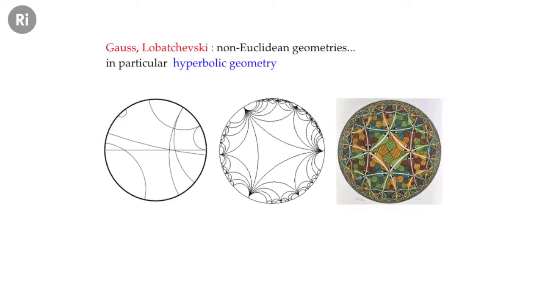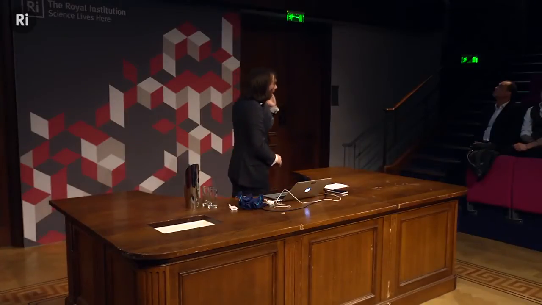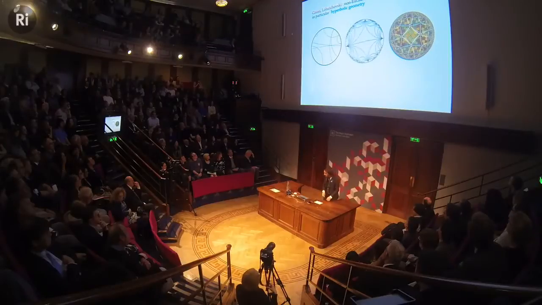Here is a famous rendition of the hyperbolic geometry by M.C. Escher, the famous artist. And you see, hyperbolic geometry is a geometry in which units of length will change from place to place in a plane representation. I told you intrinsically every point is the same, but when we represent it on the plane, we are forced to make it have dimensions that change from place to place.